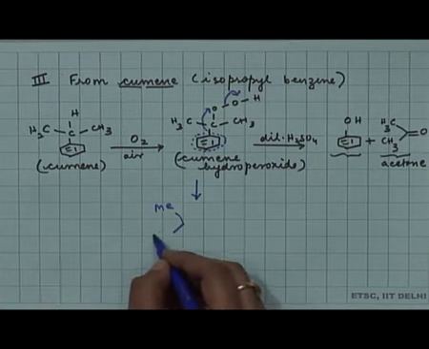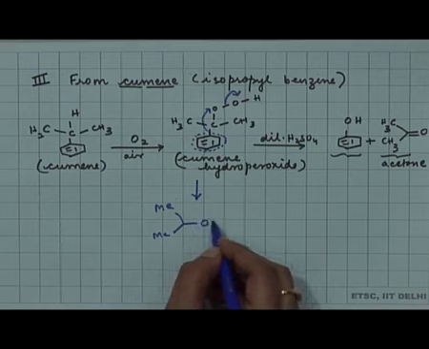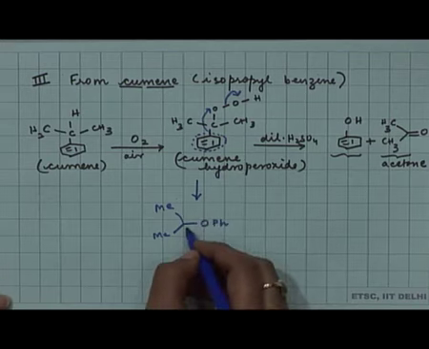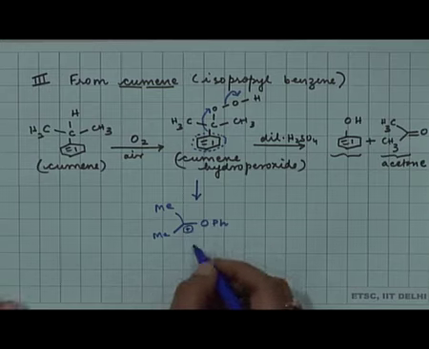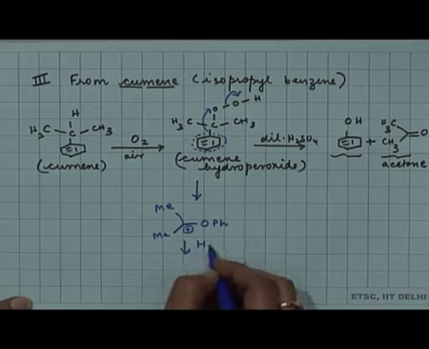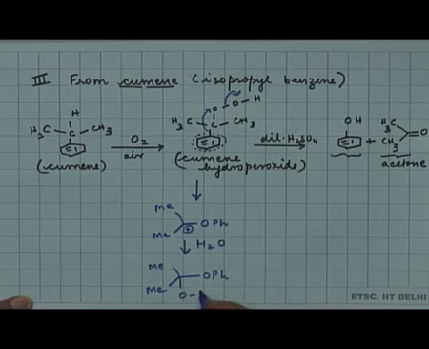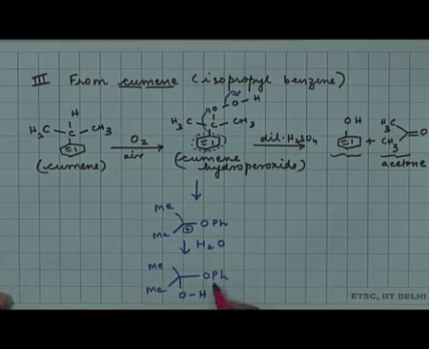So, you get this intermediate, the phenyl group migrates towards the oxygen, you get this intermediate with this carbon bearing a positive charge, and then you get this intermediate in which you have two leaving groups on an sp3 carbon.